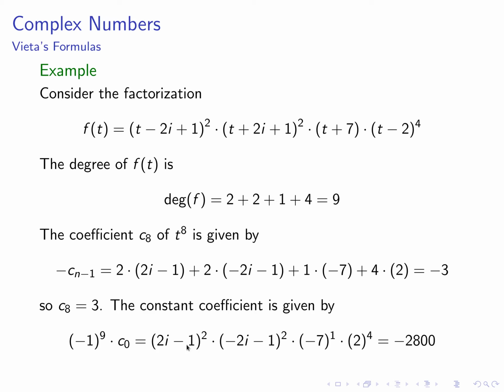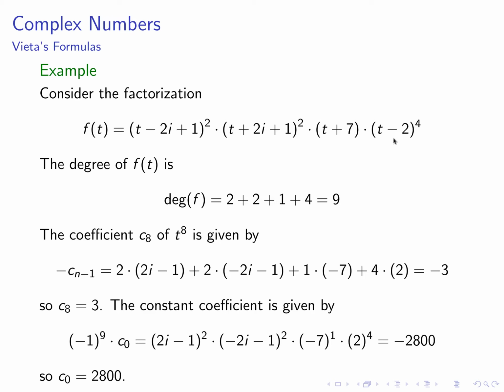So here we're looking at 2i minus 1 squared, multiplied by negative 2i minus 1 squared, multiplied by negative 7 to the 1, multiplied by 2 to the 4th. And when we multiply this out, we end up obtaining negative 2800. And since negative 1 to the 9th is negative 1, this is telling us that the constant coefficient here is equal to 2800.